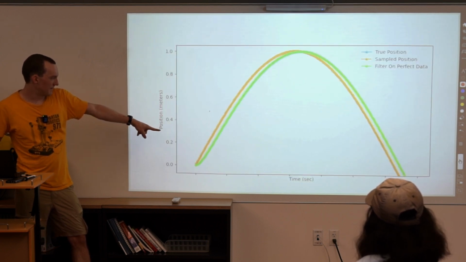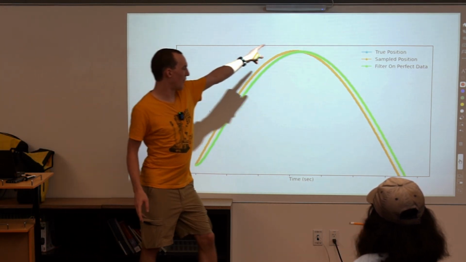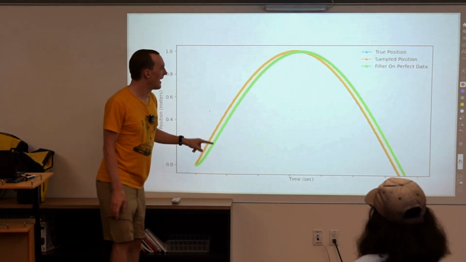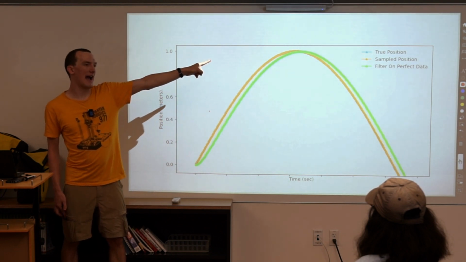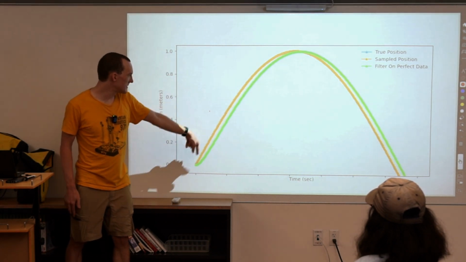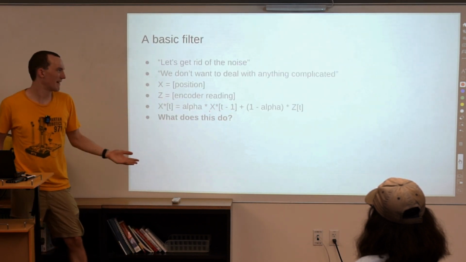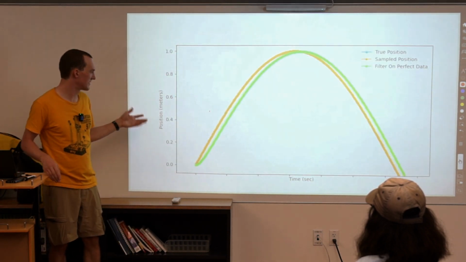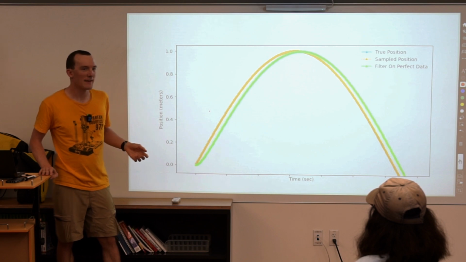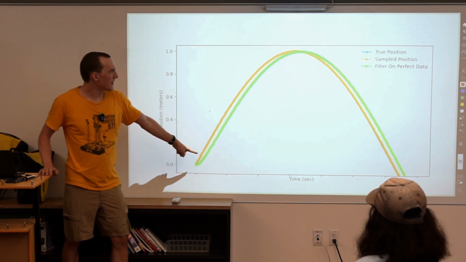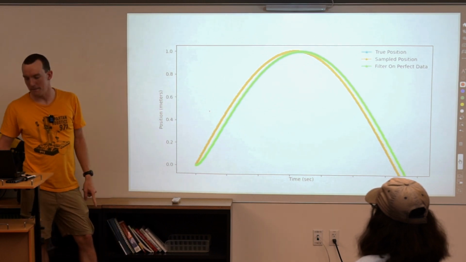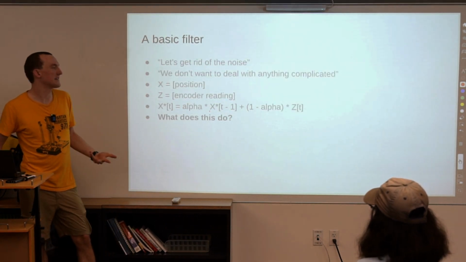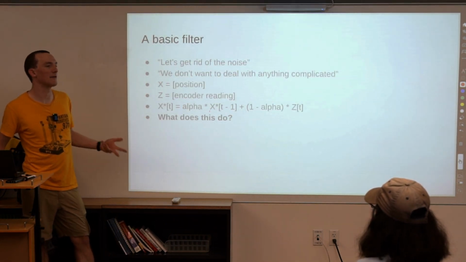For instance, let's say you have a mechanism that's following part of a sine wave. And let's say that yellow is the actual position, and the green is you applying this filter, for some alpha I chose to generate this chart. It's not really important. What will happen is that your estimate will always be a bit delayed, because you're combining past information with current information in order to find out where you are.